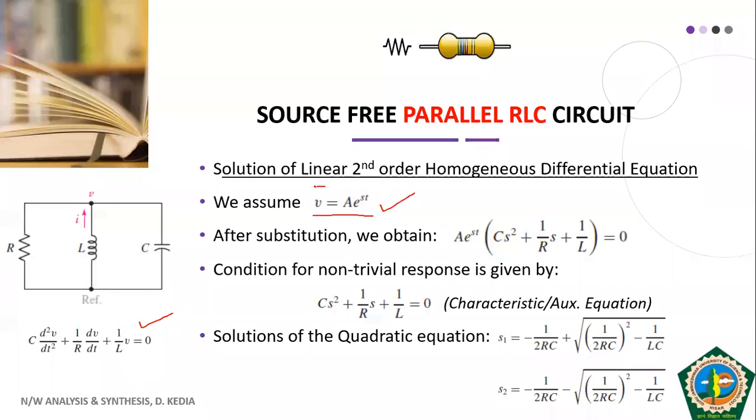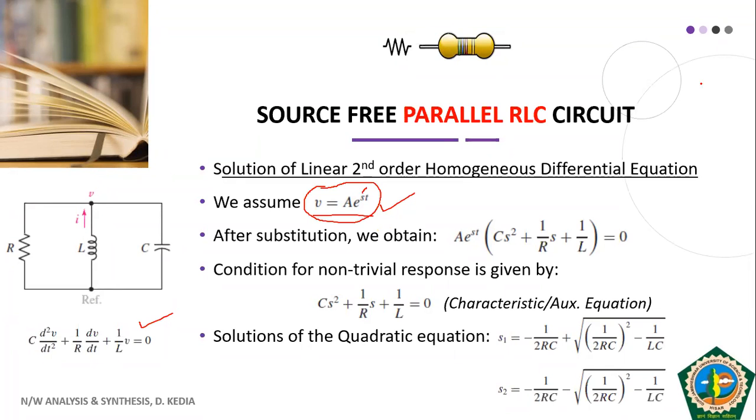We are assuming a generalized solution: v(t) is equal to A, a constant, times e raised to power s into t. For the time being, consider this s as some hypothetical parameter. We can very easily assume the value of s would be negative or positive. Let's see what comes when we solve this equation.